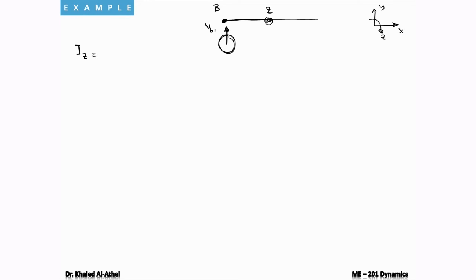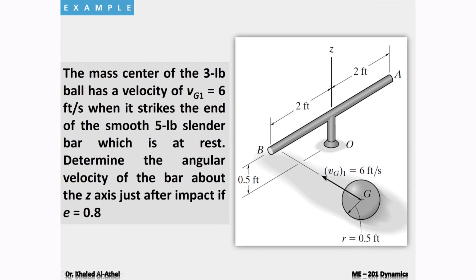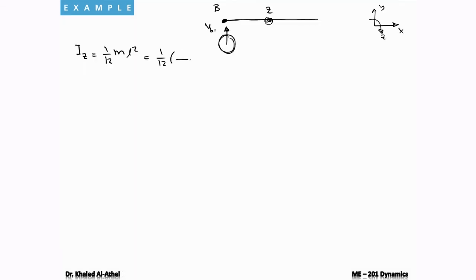So for the rod, the moment of inertia is 1/12 m L squared. The mass of the rod is given as a 5-pound cylinder rod, so I'm going to say 5 over 32.2 to make it mass, multiplied by the length of the rod.